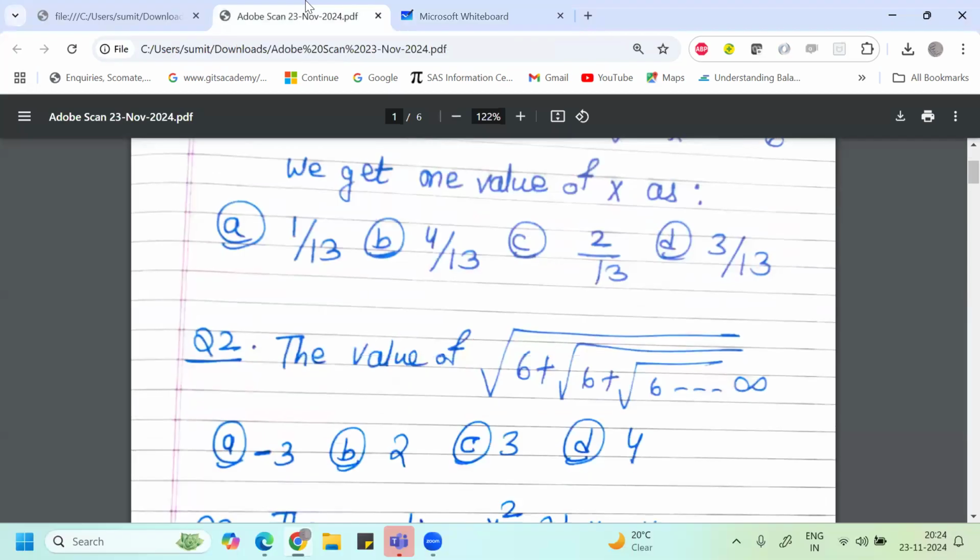Now this question number 2. How do you know how to do these kinds of questions?